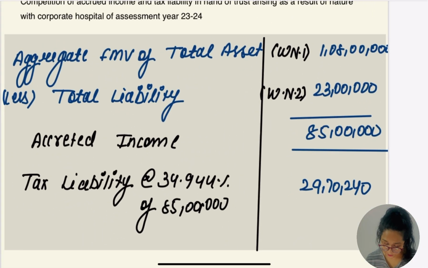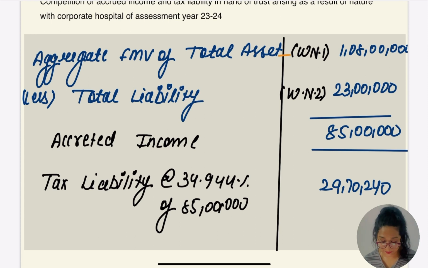We have now 85 lakh accreted income. 108 lakh was the aggregate fair market value of total asset, right? And the total liability was 23 lakh, right? So what is the difference? 85 lakh.